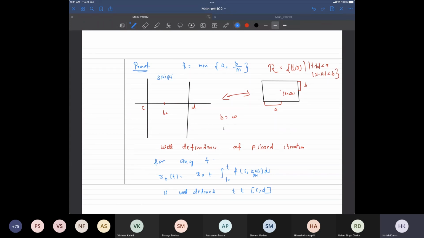And the proof is exactly just a modification of the proof of the Picard iteration convergence we did for the local case. The only place where we used this was where well-definedness was needed. Okay, any question about this argument?